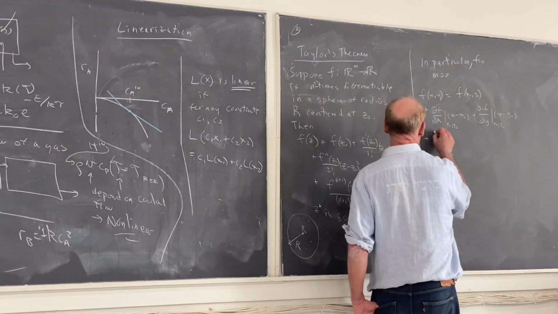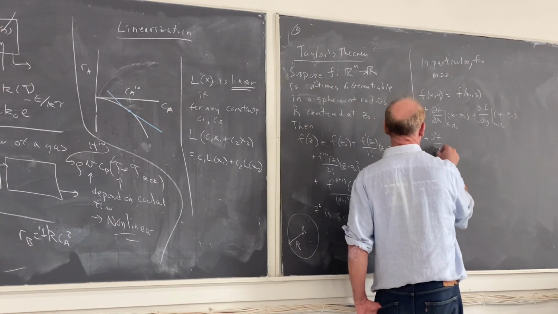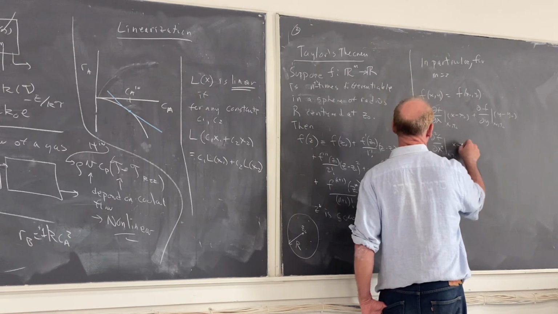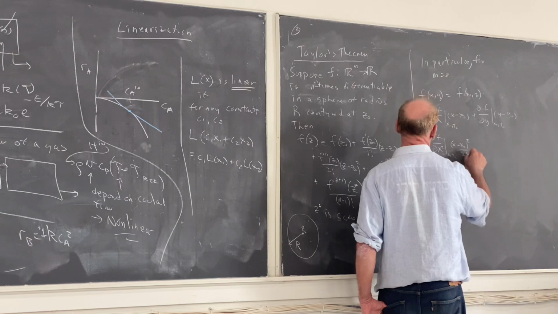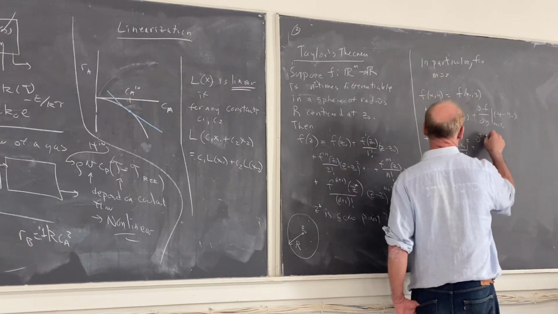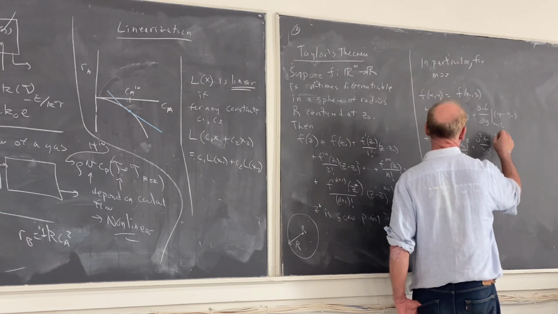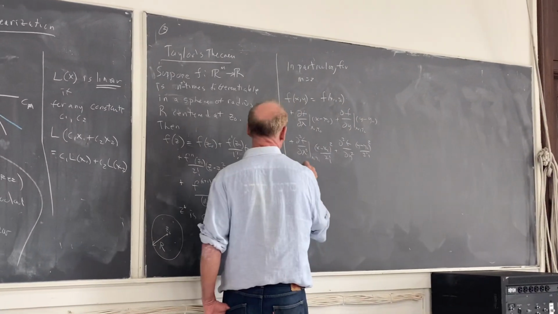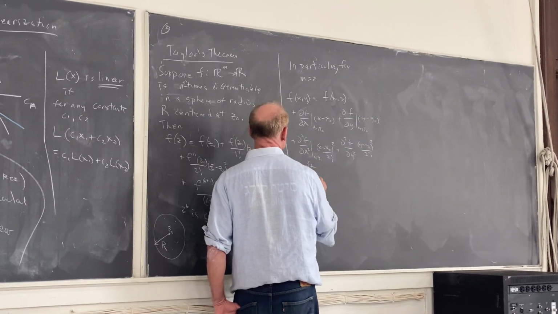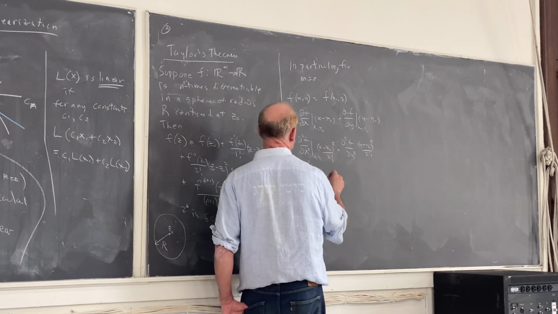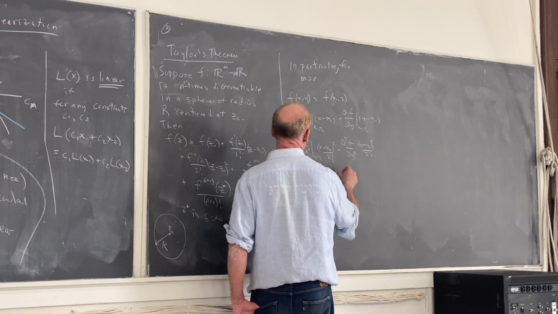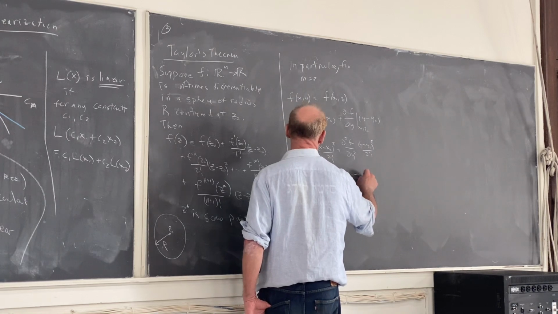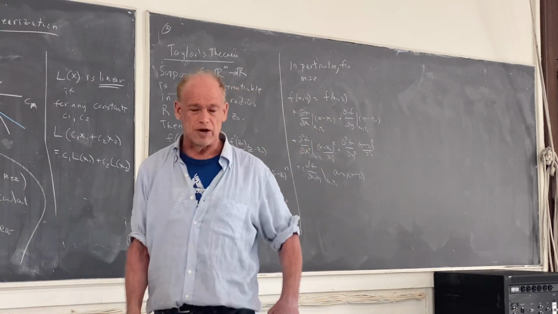I can have the second partial of f with respect to x squared at x0, y0 times (x minus x0) squared over 2 factorial, plus the second partial of f with respect to y squared times (y minus y0) squared over 2 factorial, plus 2 times the mixed partial of f with respect to x and y at x0, y0 times (x minus x0)(y minus y0). And do I divide by 2 factorial?